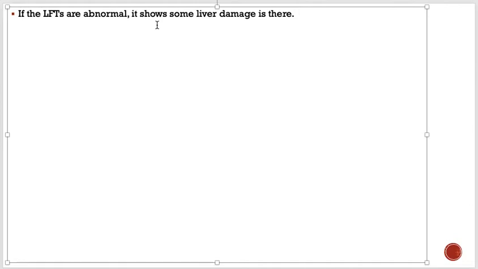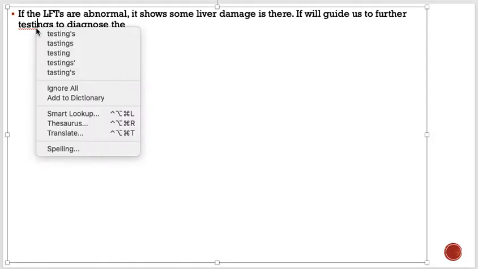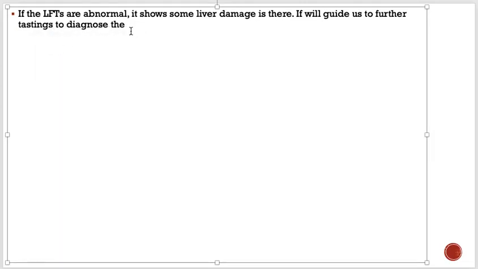Now LFTs will just tell you that liver damage is going on, with the raised ALT and AST. Of course, it will guide us to further testing to diagnose the exact disease which is causing the liver damage.